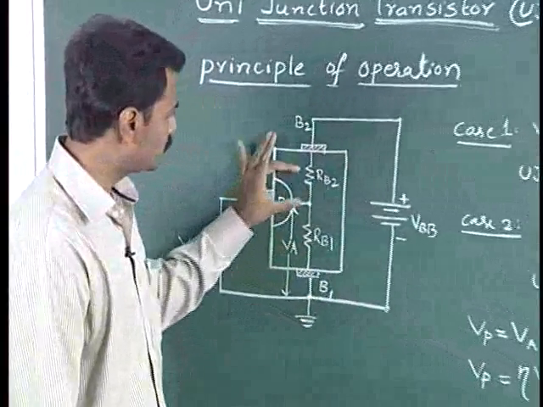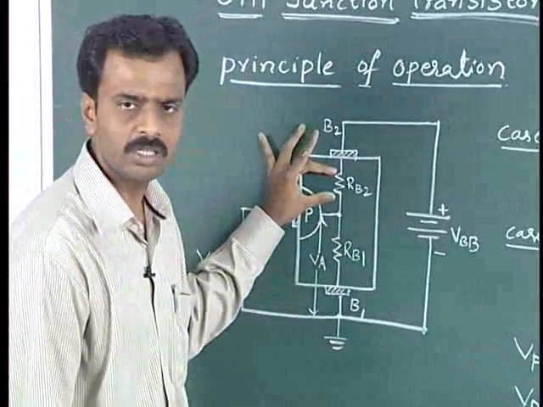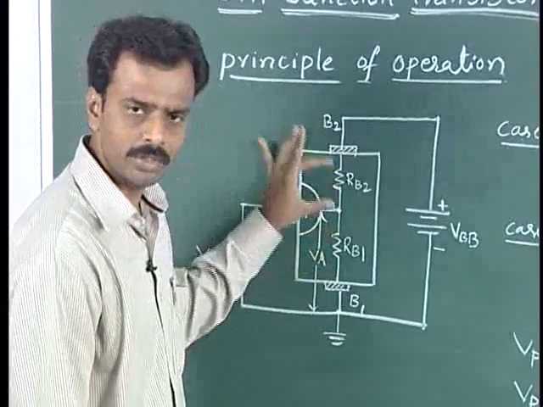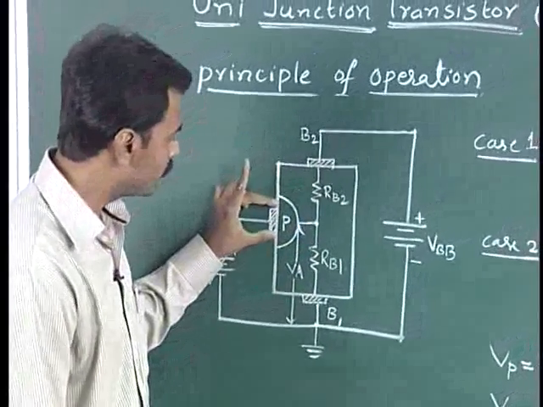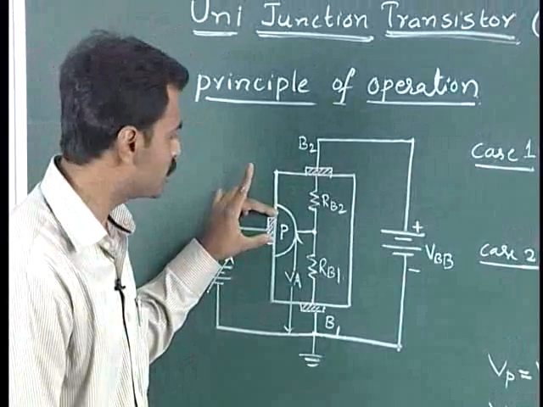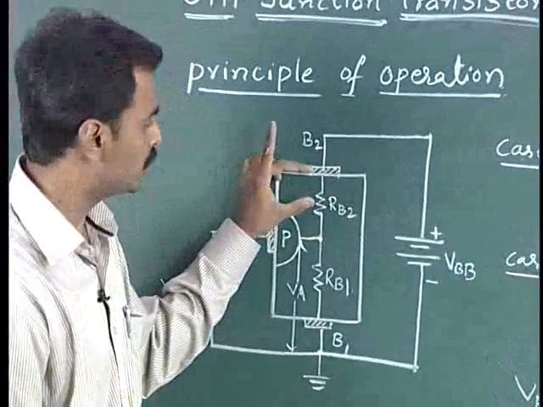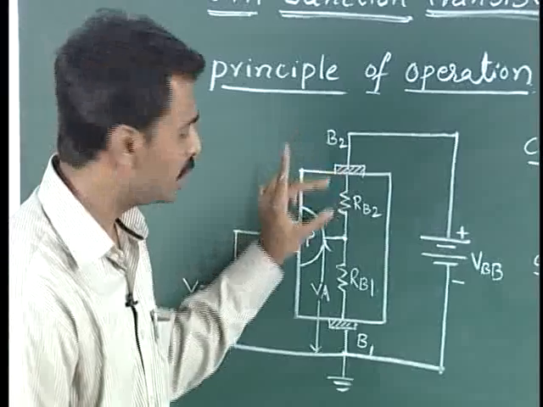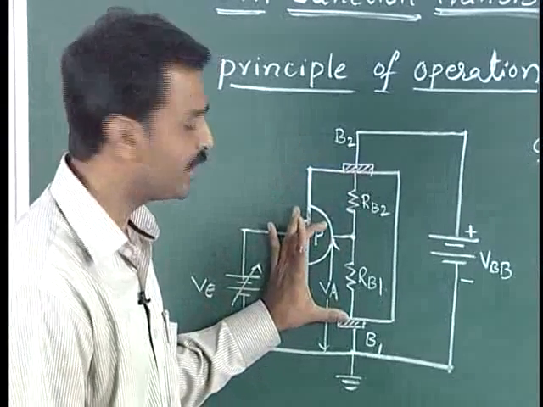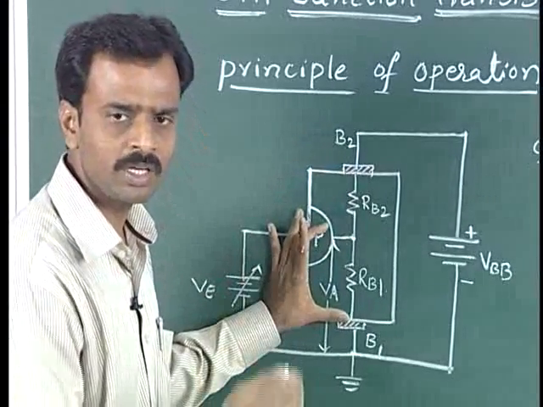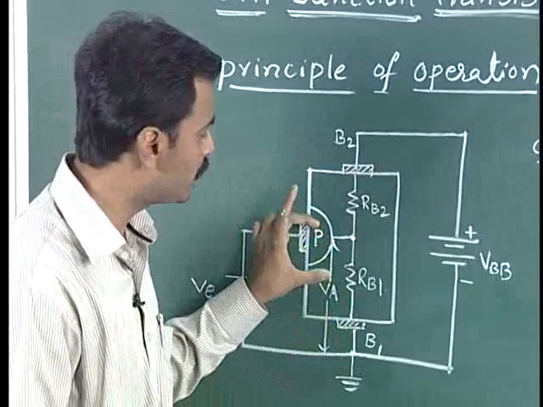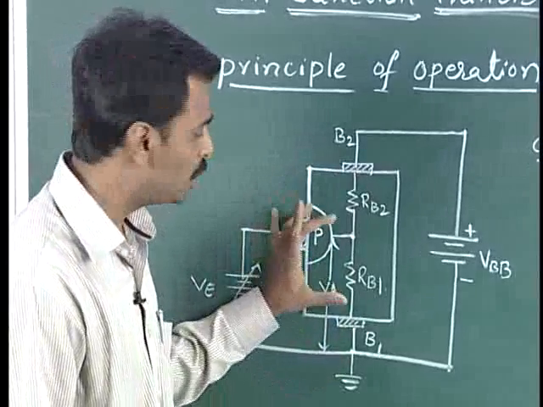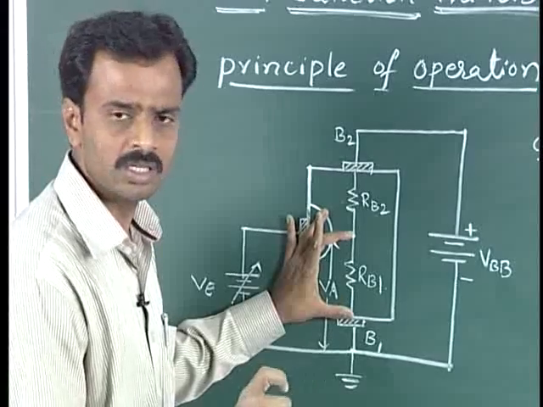As we have seen, there are two resistances within the device, RB2 and RB1. The PN junction is nearer to RB2, so the resistance will be less there, whereas the distance is larger for the B1 terminal and PN junction, so RB1 will be of higher value.